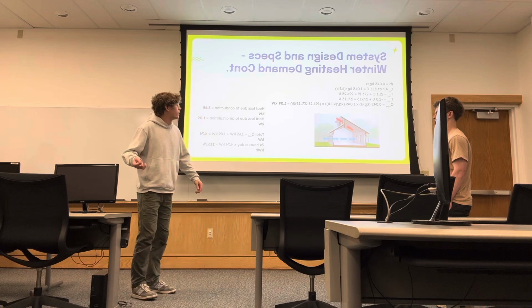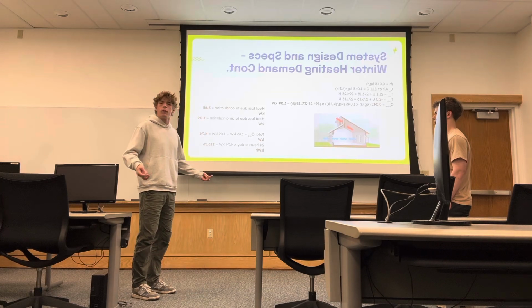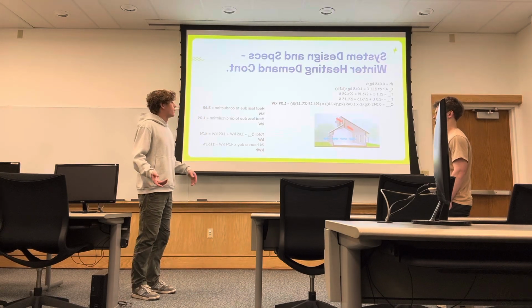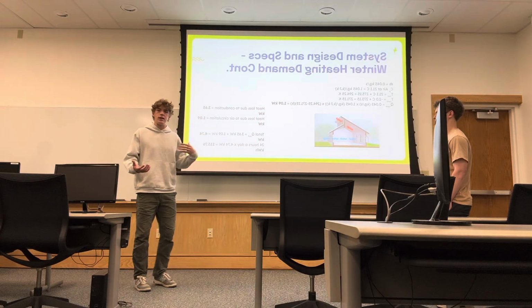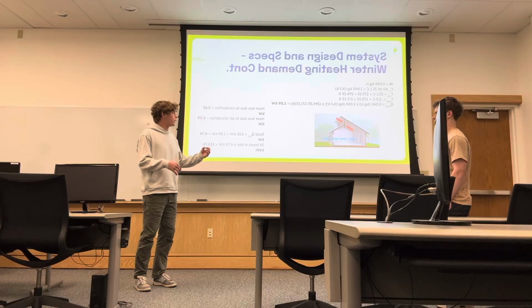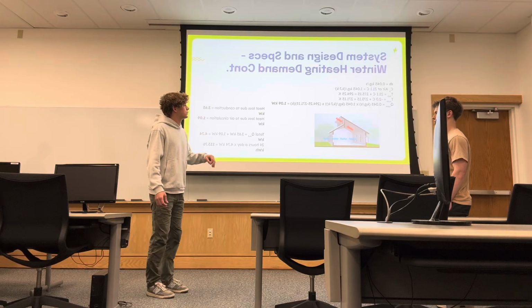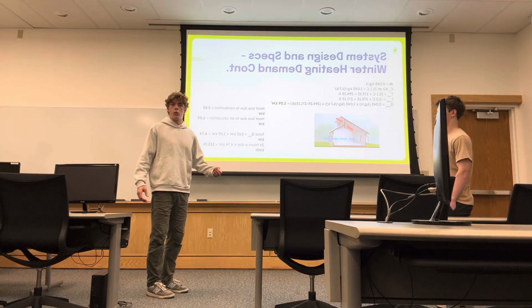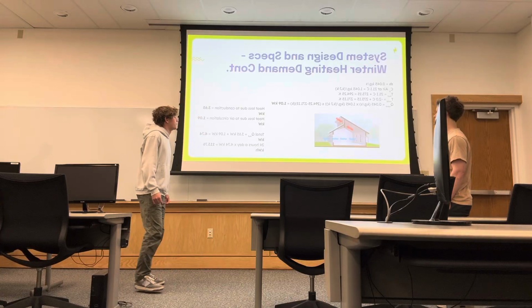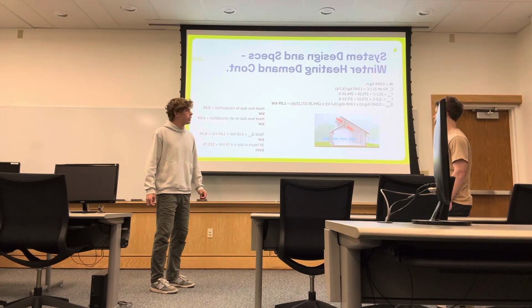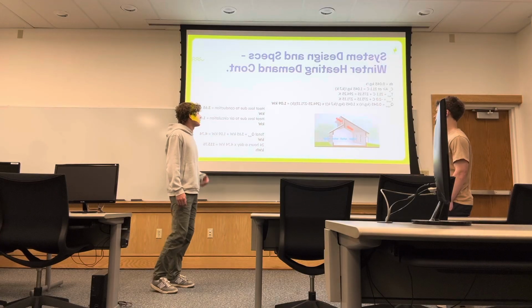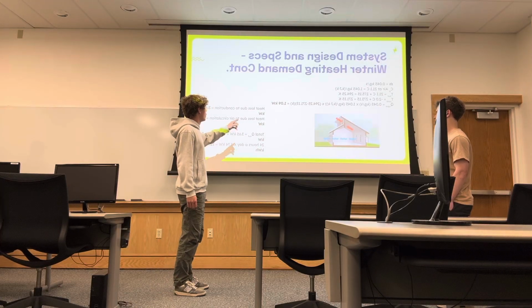We know 0.045 kilograms per second of air is coming into the system, and we need to heat that air to 21.1 degrees Celsius. We calculated the Q dot required to heat this ventilated air to be 1.09 kilowatts.